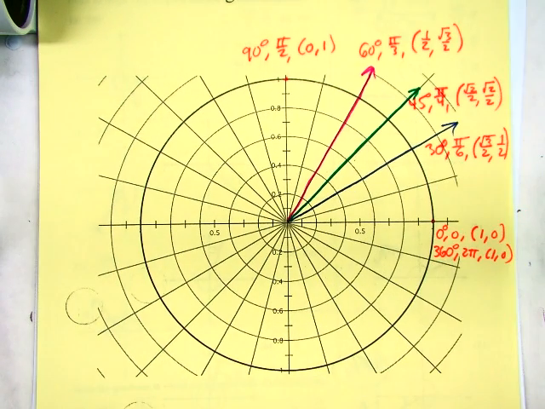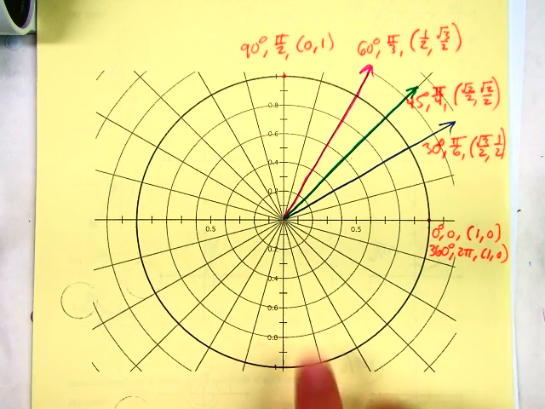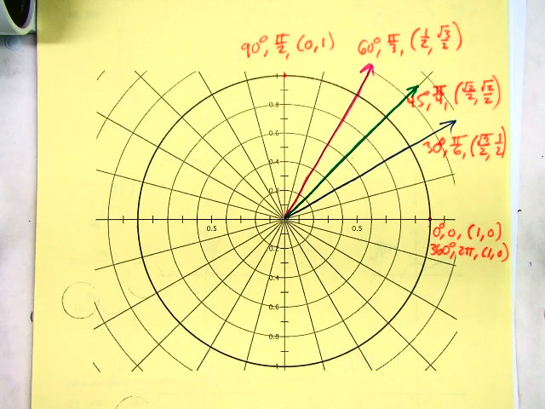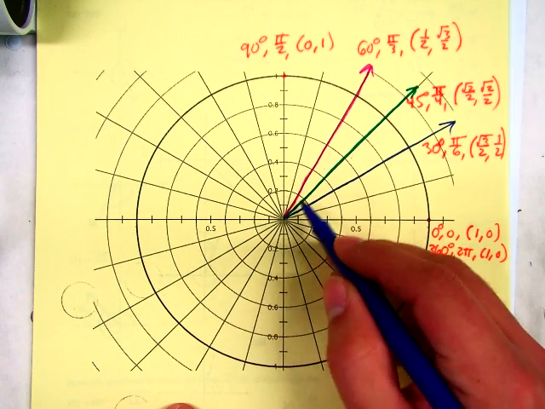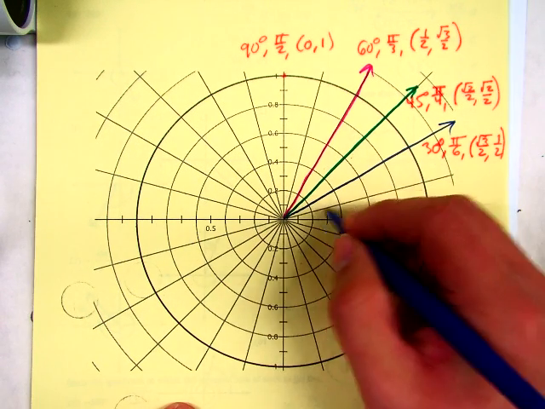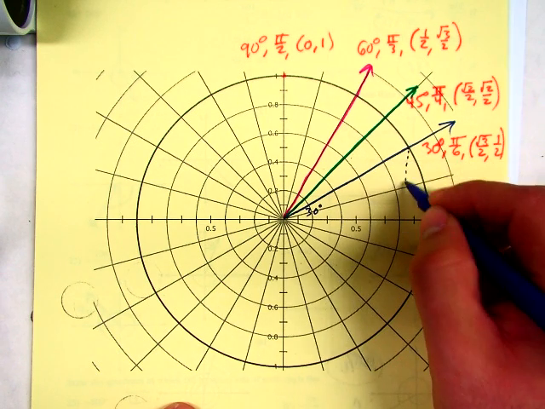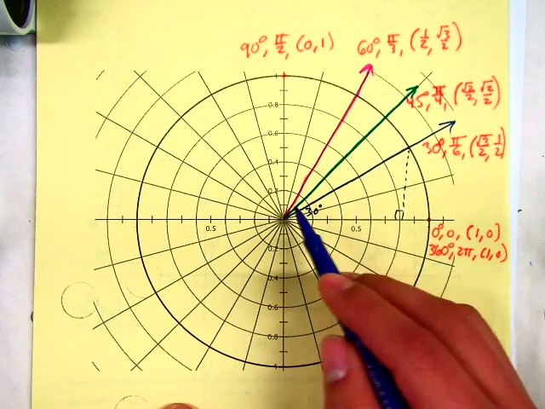Now, the easiest way to label the unit circle, and I did the colors for a reason, okay? The reason that this was 30 and it has these coordinates is because we drew a little right triangle in here. You guys see what I'm talking about? That had a 30, 60, 90 pattern, right?